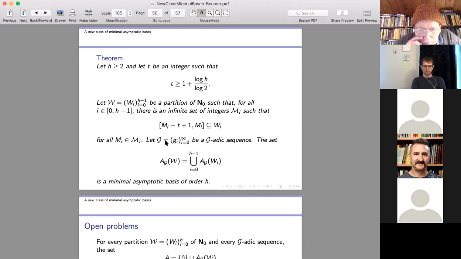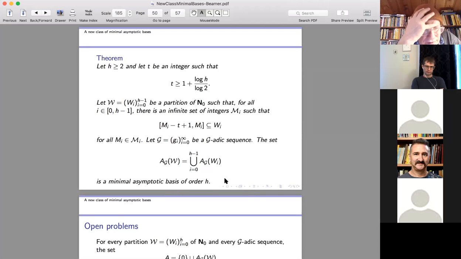And then you take any g-adic sequence and you take the numbers that are constructed. This set is just all the numbers whose g-adic representation only uses the g_i's in the set W_i. And this always gives you a minimal asymptotic basis of order h.